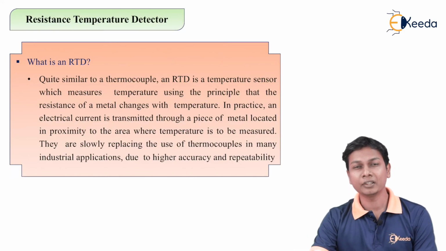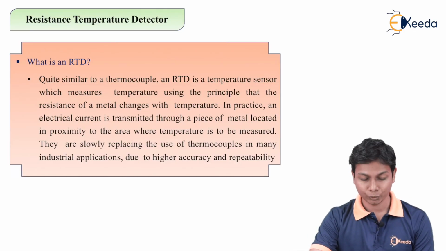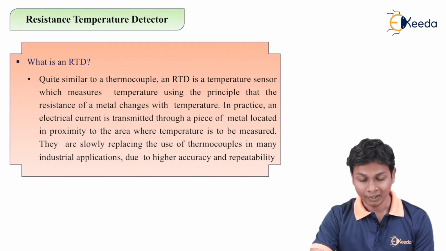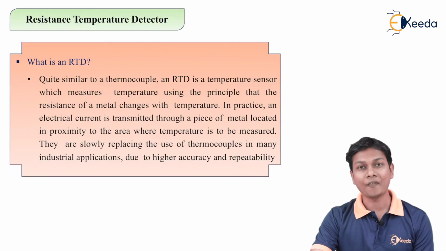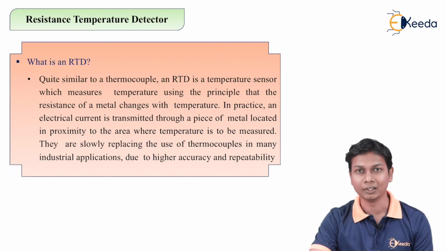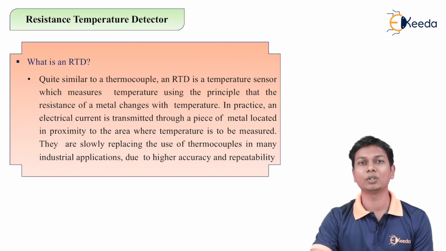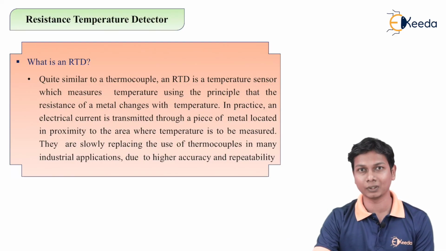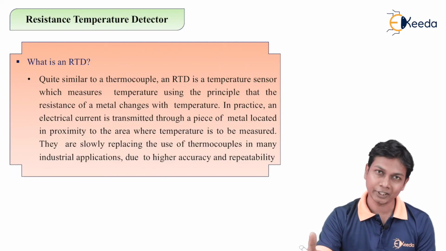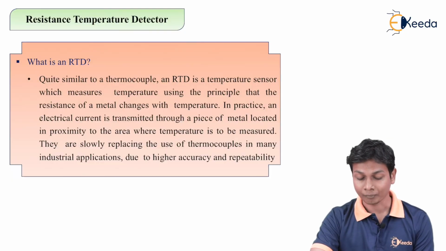When an external current is applied to the metal whose temperature has to be measured, then the RTD is mainly used, because of higher accuracy and repeatability. So what is repeatability? As the ambient light, ambient temperature or environmental conditions change, the output should not change. It should change only with the change in the input. That is called repeatability.